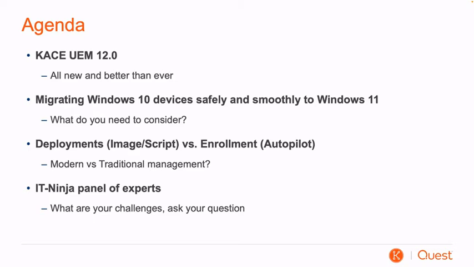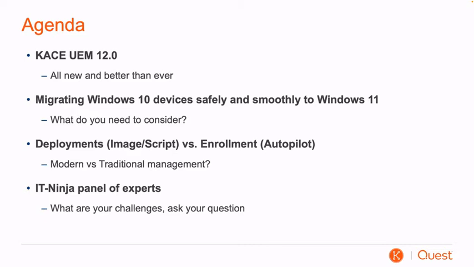Maybe for the people who don't know KACE, we will also give you a rough overview of what we can do. And then we start with the actual focus of this webinar today: how to migrate your Windows 10 devices safely and smoothly to Windows 11, and what is for you to consider in order to make that a successful migration.